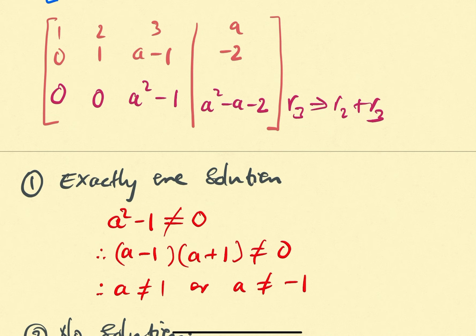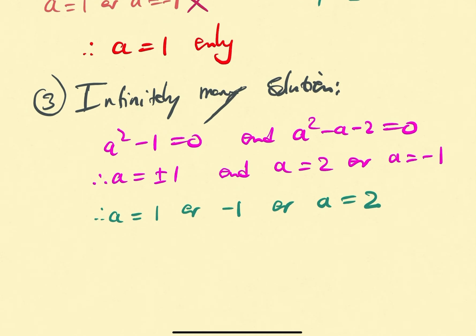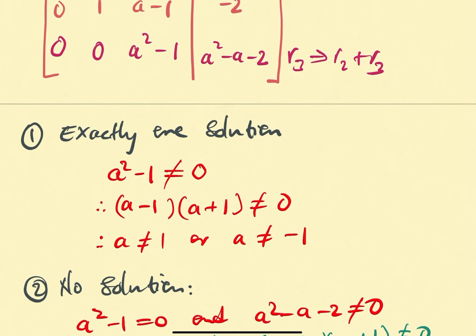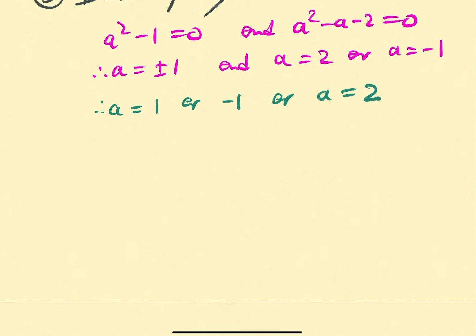If I put negative 1 as a here, I'm going to get a 0 here and a 0 here. So negative 1 is true. And then if you take 2, remember we have 3 values of a, if you take 2 as a, you get a 3. Already it's out because it must be 0 is equal to 0. So the only value of a here is negative 1. Therefore, a is equal to negative 1 only.